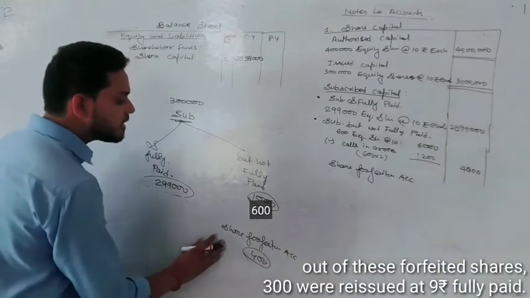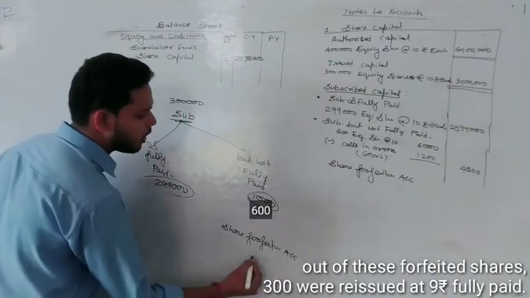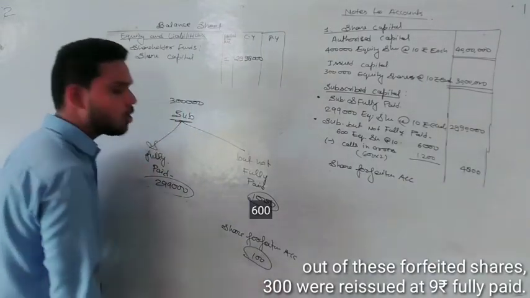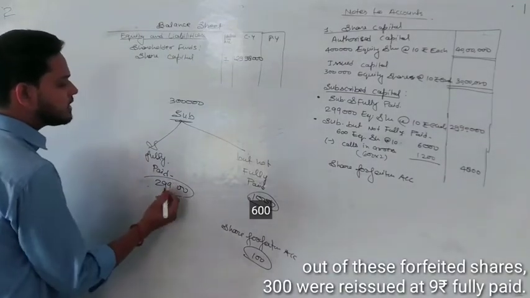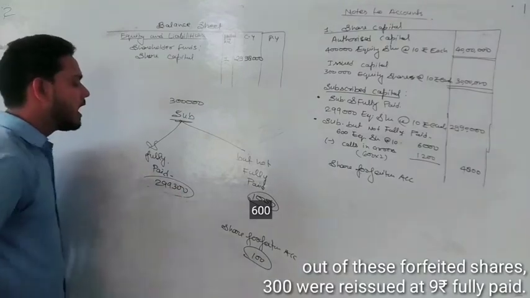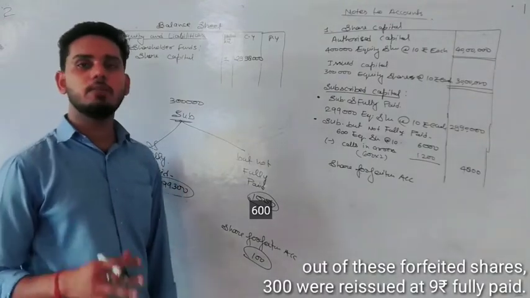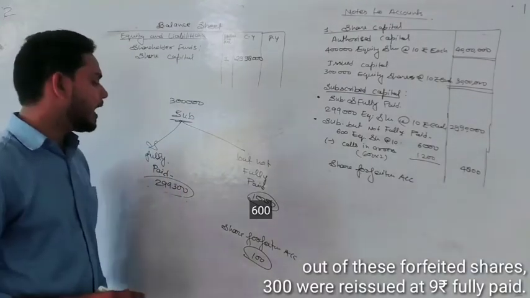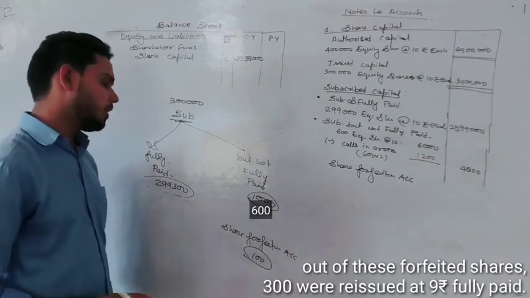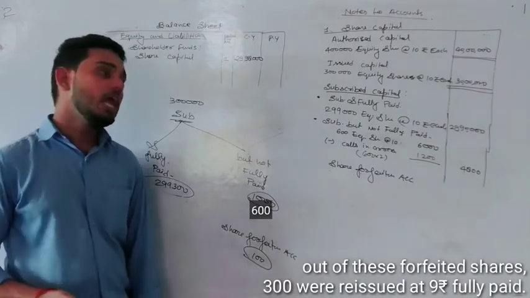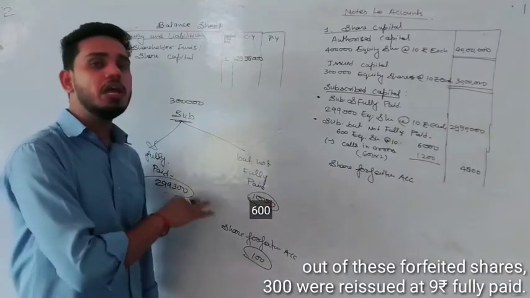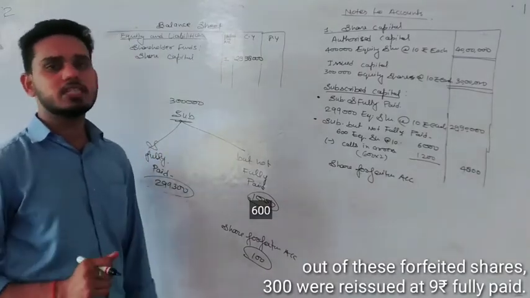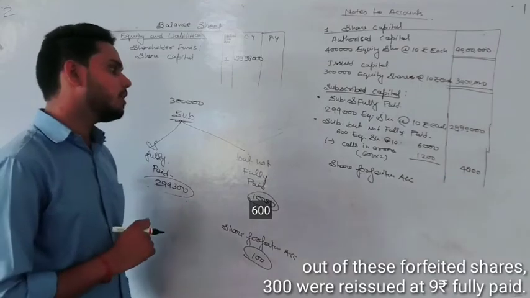So now in share forfeiture account we have 100 shares only, and this 300 will be added in subscribed and fully paid, which will now be 2,99,300. Okay, right. I hope the presentation of this is clear to you, because now it looks similar to case number 3. So let's see how we'll make the presentation.